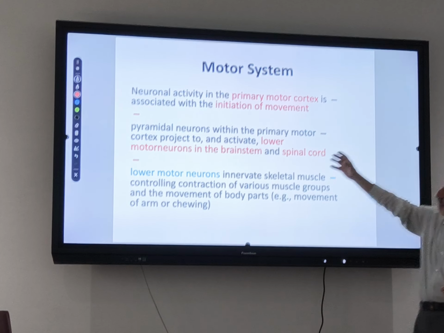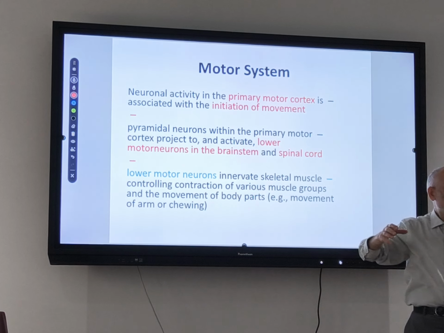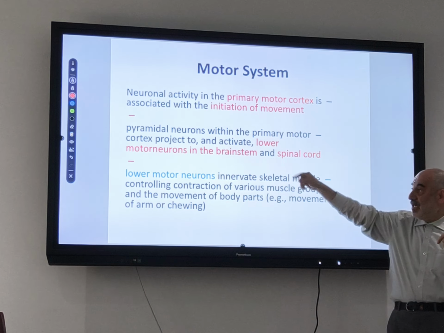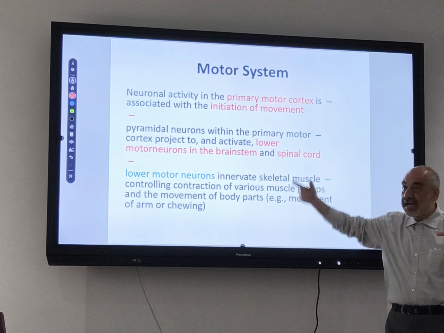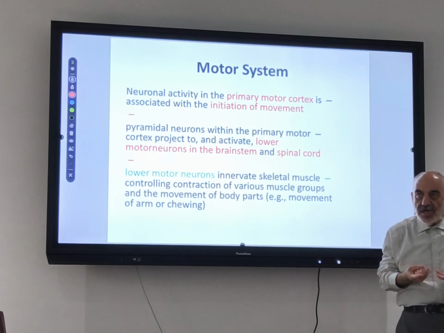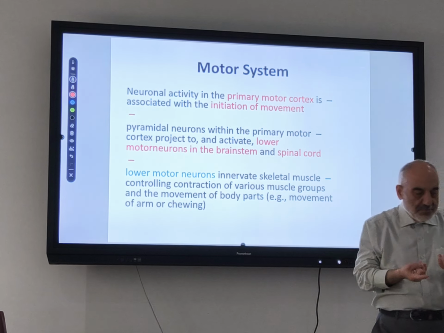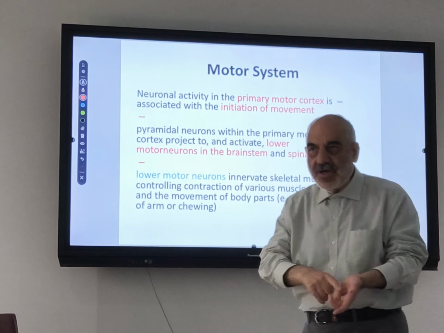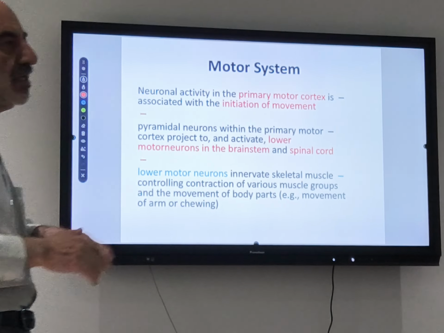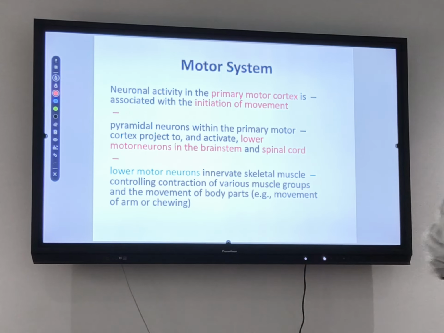So, lower motor neurons in the brain stem are for the cranial nerves, and those in the spinal cord are for the spinal nerves. Cranial nerves means the optic nerve, the trigeminal nerve, the facial nerve, the abducens nerve, the olfactory nerve, twelve in all.